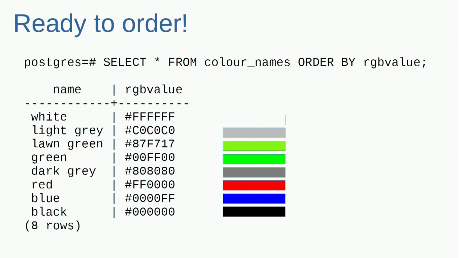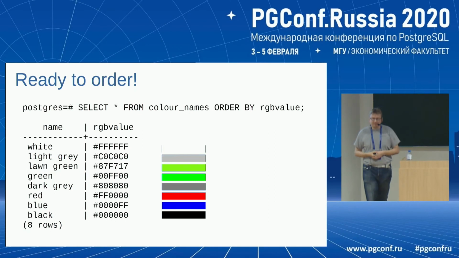These colors here, they're not from Postgres. Postgres doesn't do colors. I just drew them here for illustration purposes. But you can see that when you do select star from the table and order by the color data type, the white one is the very first, but after that you get the green ones, because the human eye is more sensitive to green color.